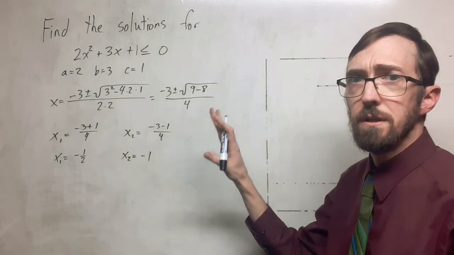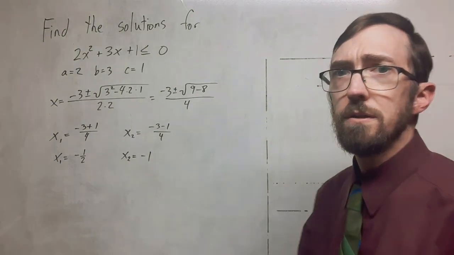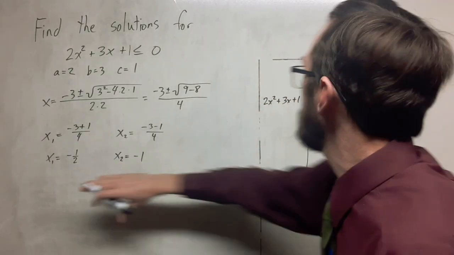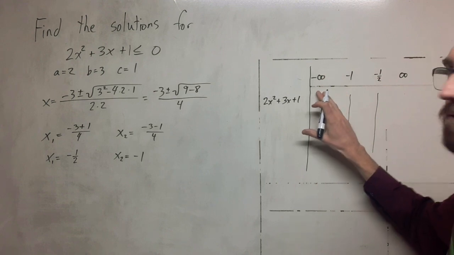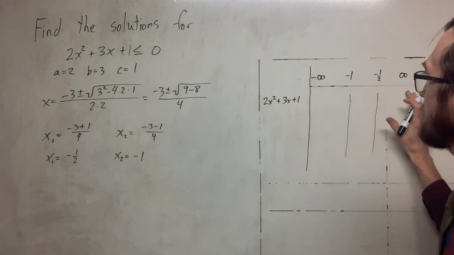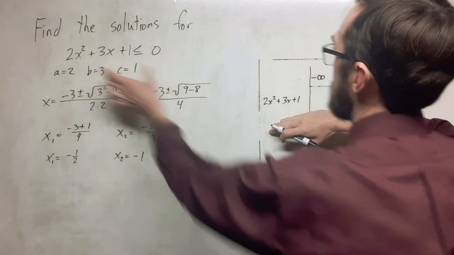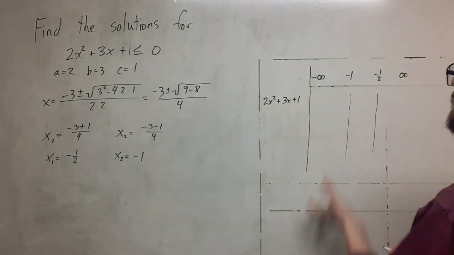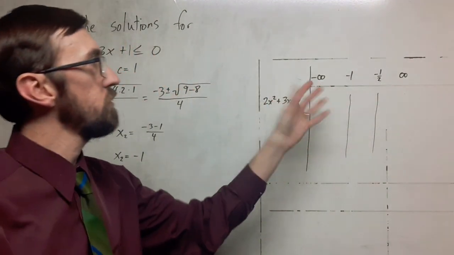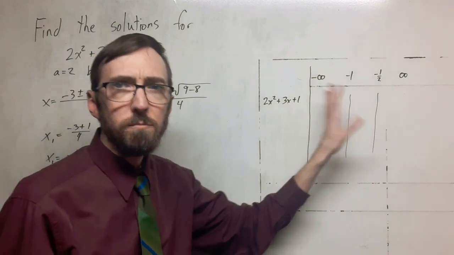We're going to use those to put into our chart. We're going to take these numbers and put them in our chart again with negative infinity on one side, positive infinity on the other, and our original quadratic is over here to the side. We are then going to choose our test values to plug into here.